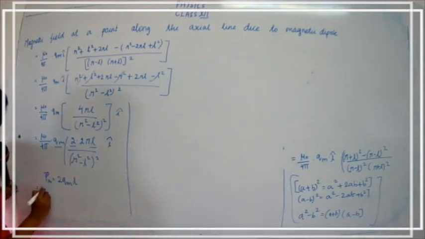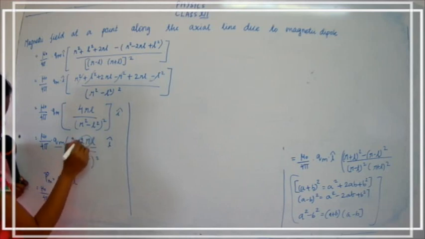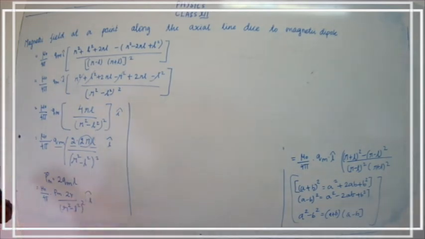So mu naught by 4 pi, this Qm 2 L is replaced by Pm. The rest is 2r, so 2r Pm by r square minus L square the whole square into i cap.